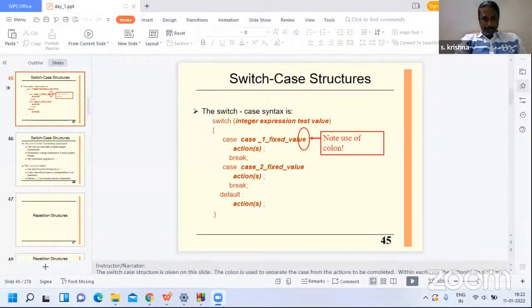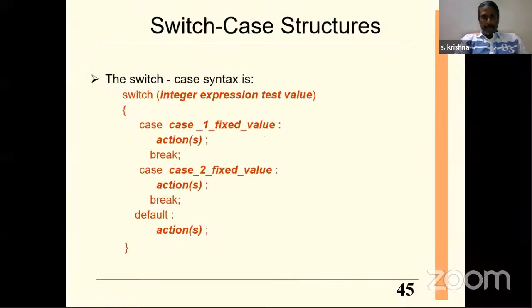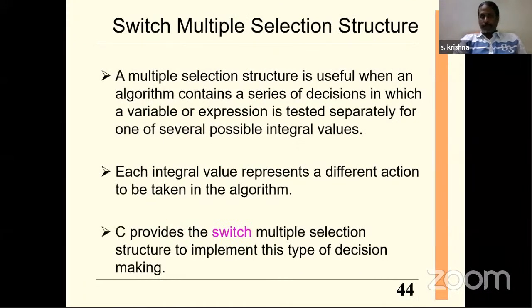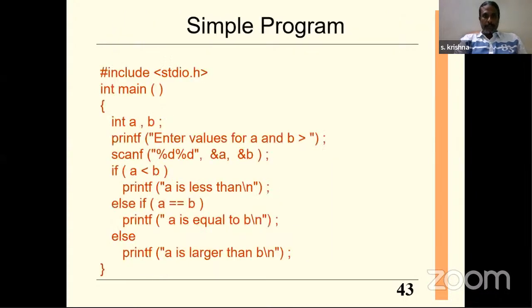Let me share my screen. So let's start with today's session. Today we are going to see some more selection cases. Yesterday we saw the simple if program, the nested if, and if else programs.